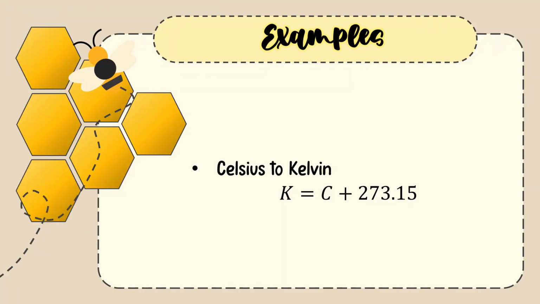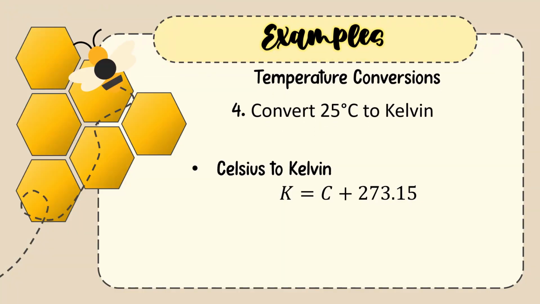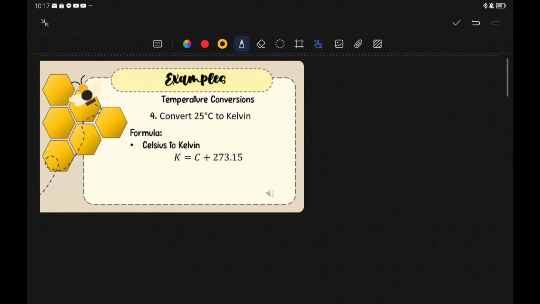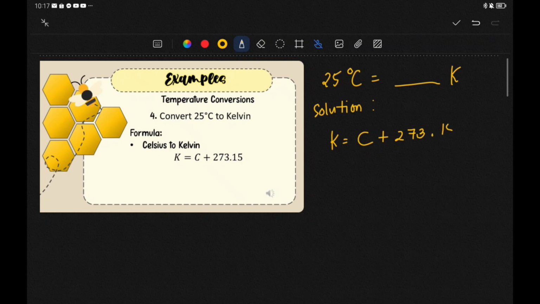Now, for example number 4, we have here, convert 25 degrees Celsius to Kelvin, and this is our formula. K is equal to C plus 273.15. Now, let's proceed to convert 25 degrees Celsius to Kelvin. So, we have the formula K is equal to C plus 273.15.